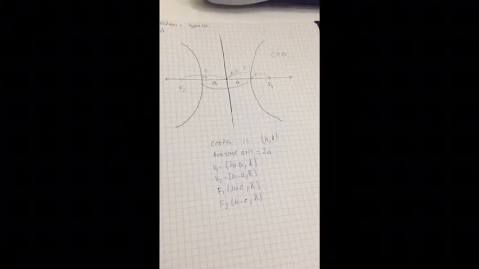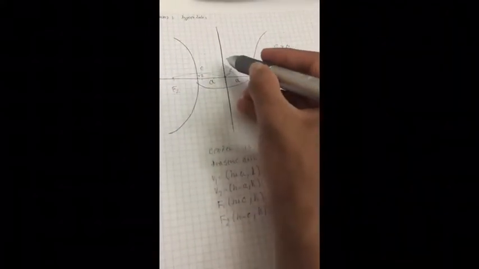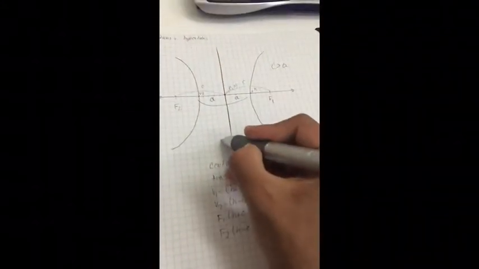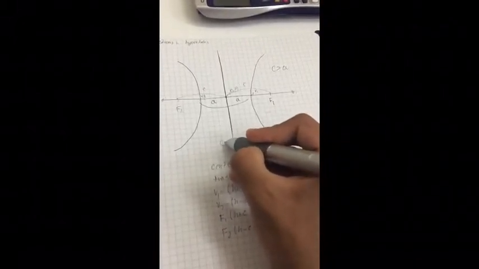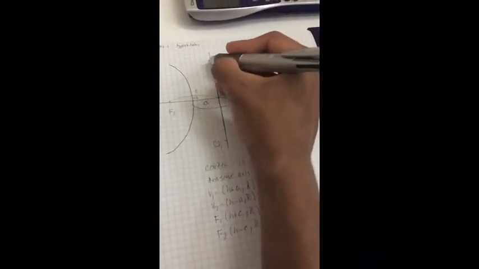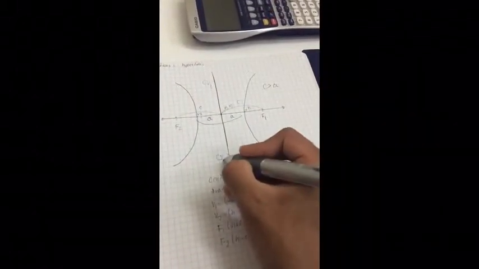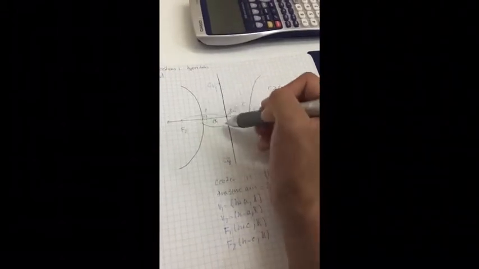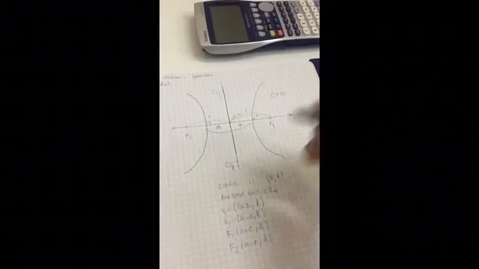The b value is located here, on the line that is perpendicular to the transverse axis. It is here. So these are the co-vertices, CV1 and CV2, and the distance between the co-vertices and the center is called b.